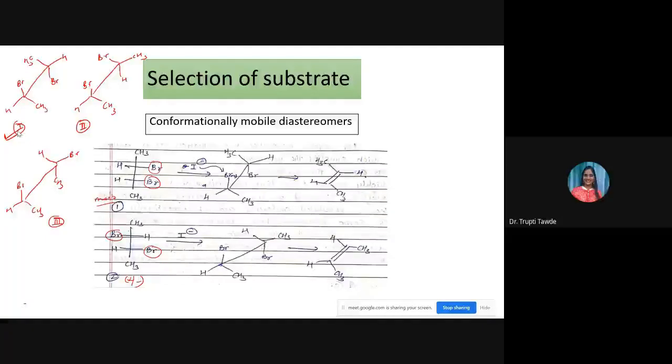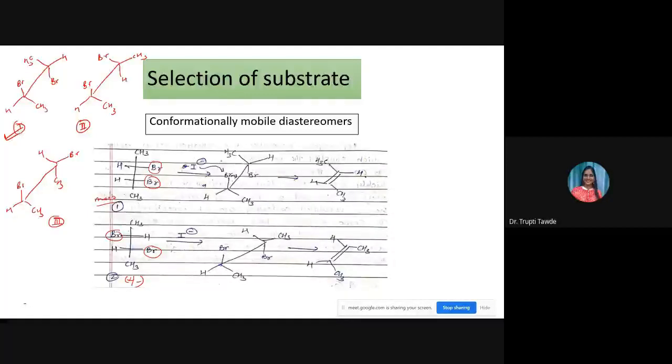Because that is the only structure where I have these two bromine groups anti to each other. Though this first isomer is not more populated, it is less populated amongst the three, only that will undergo the reaction because the stereochemical requirement of the reaction says the two groups have to be anti, so we're going to consider that structure only.